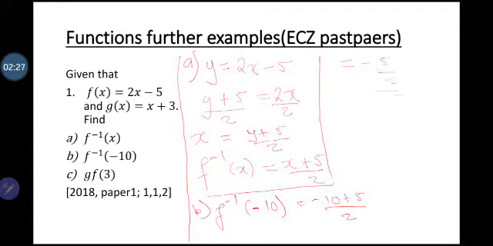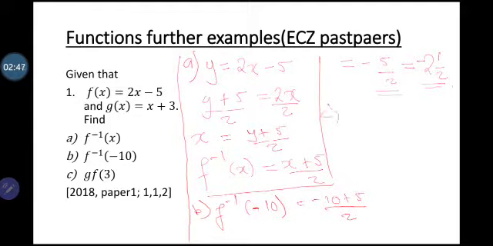So that's our f inverse of negative 10, or you can express it as a mixed number, negative 2 remainder 1 over 2.